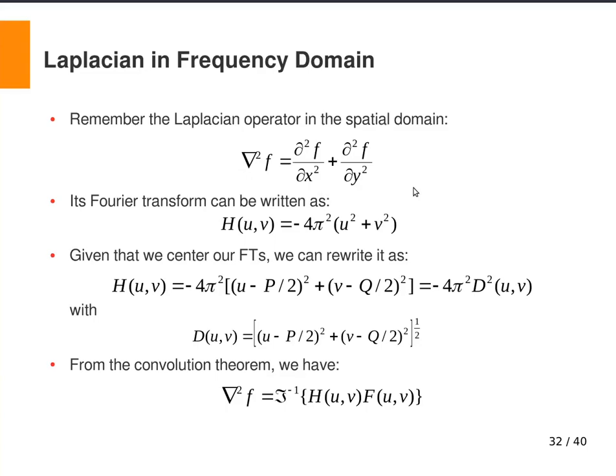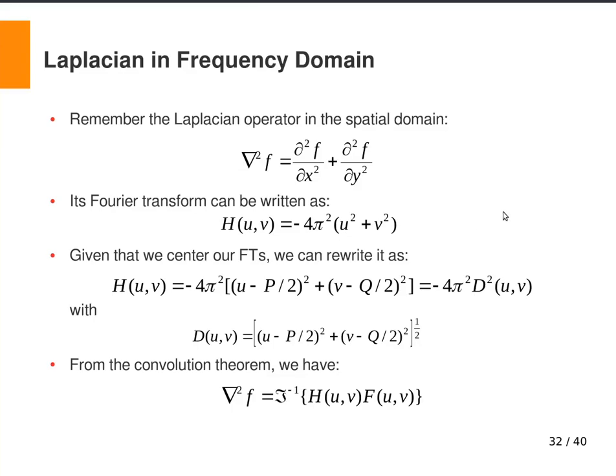If we use the differentiation property of the discrete Fourier transform, we can convert this equation from the spatial domain into the Fourier domain and get this equation. So h of u and v for the Laplacian operator in the frequency domain is going to be equal to negative 4 pi squared multiplied by u squared plus v squared.